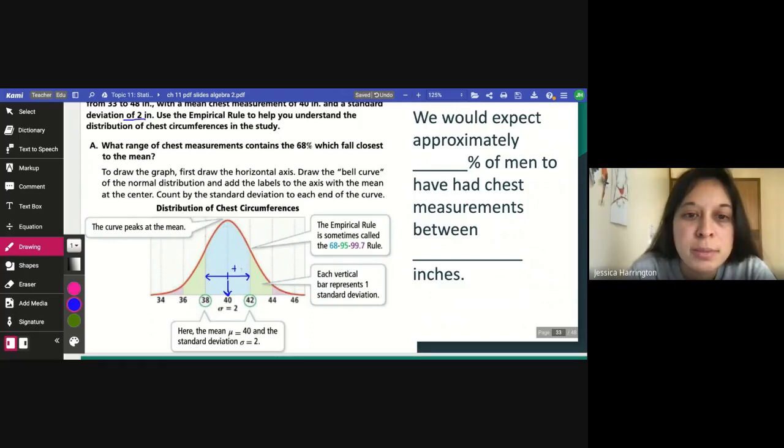So if we go to the right, it's plus 2. If we go to the left, it's minus 2. So we know that 68% of the data falls between 38 and 42 inches. So that's what we would write here. We would expect approximately 68% of men to have chest measurements between 38 and 42 inches. We're looking at this graph, we're looking at the statistics, and we are making this statement.